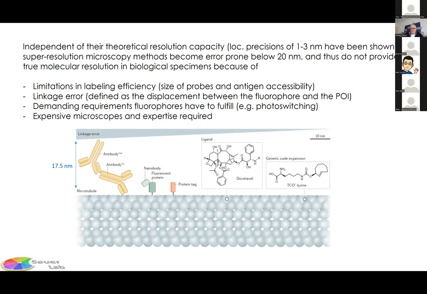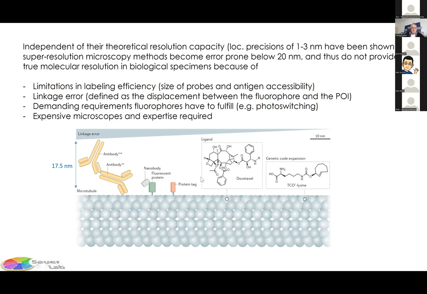Problems associated with this are mainly that, as long as we label with antibodies, we are limited in labeling efficiency. Linkage error is dramatic. If we use a primary and a secondary antibody, you displace the fluorophore 10, 20 nanometers from your protein of interest and introduce such a large linkage error. Then the labeling density is limited due to the sheer size of these antibodies.